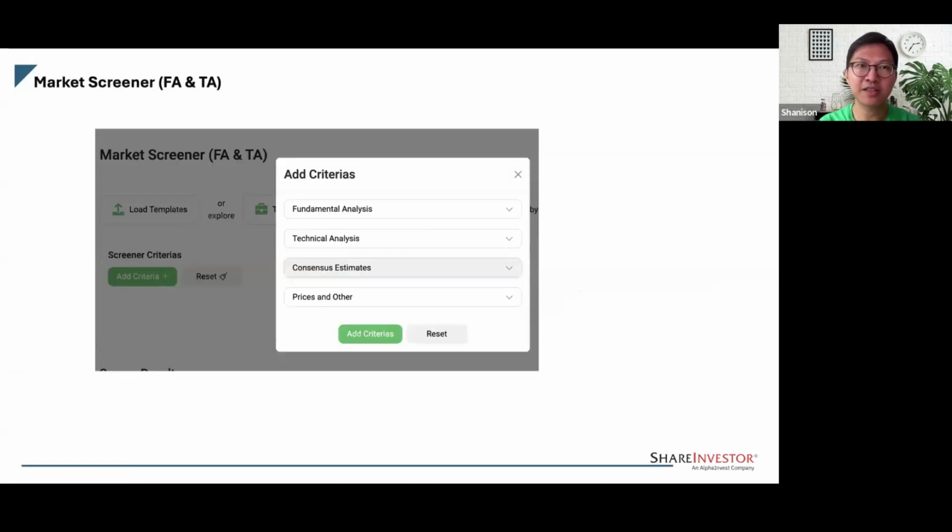So for market screeners, FA and TA, this is for you to screen based on both FA and TA, as well as consensus estimates. You can see from the screenshot over here, once you click add a criteria, you are able to choose what kind of criteria you are looking for. We break down into a few categories. Fundamental analysis covers key ratios, revenues, all those financial results.